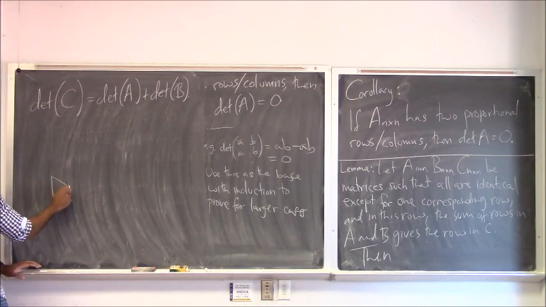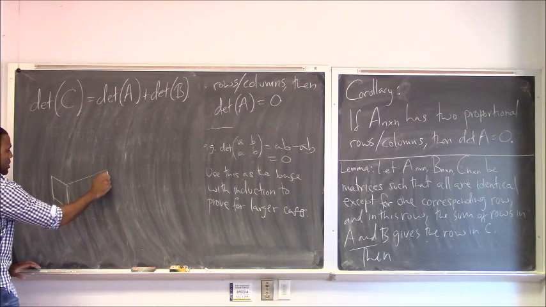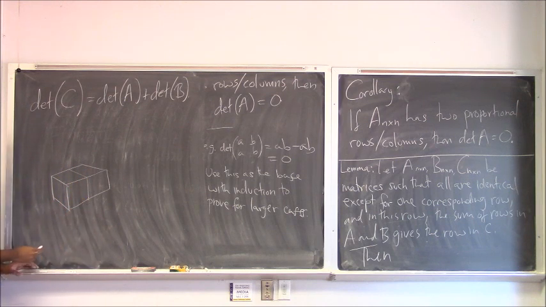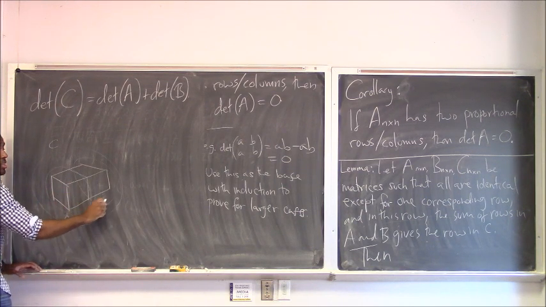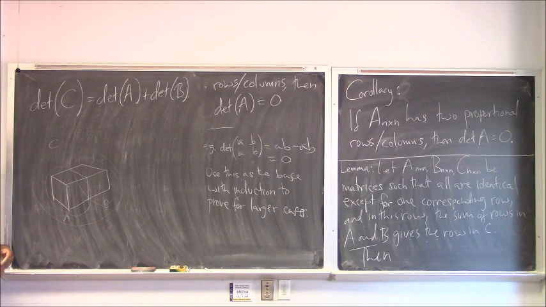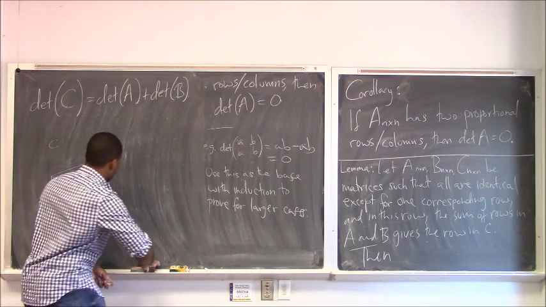Geometrically, what this means is, you have a box where the volume of the whole thing is given by the determinant of C, the volume of the first part is given by the determinant of A, and the volume of the second part is given by the determinant of B. And summing these rows gives you the whole row of C. That's kind of what's going on geometrically.